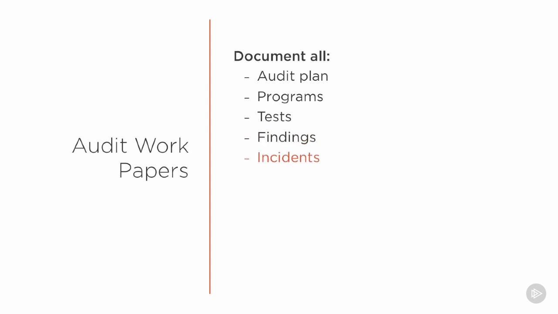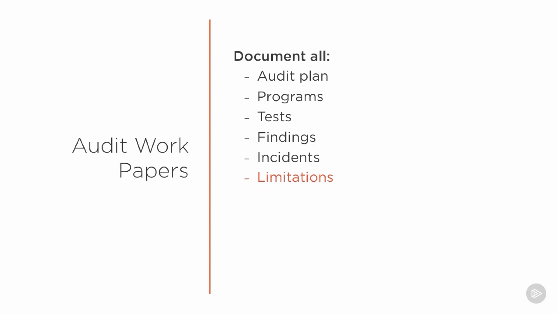We'll also indicate if there are any incidents or things that were discovered during the actual conduct of the audit, and how those could have possibly affected the validity of the data that was received. In some cases, the auditor may have been under some type of limitation.